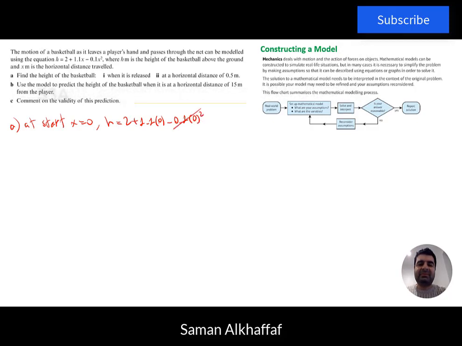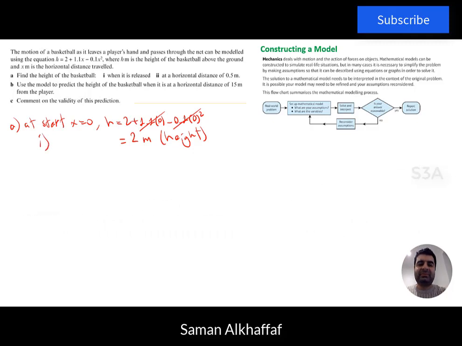So 0 squared and multiplied by 0 would give us 2 meters, which represents the height when x is equivalent to 0, which is when it is released. So that's part I of the question.